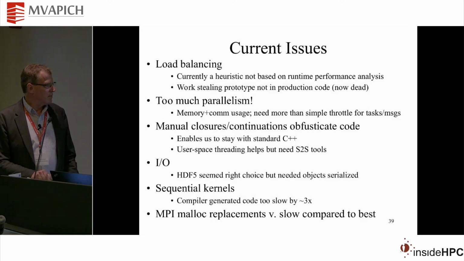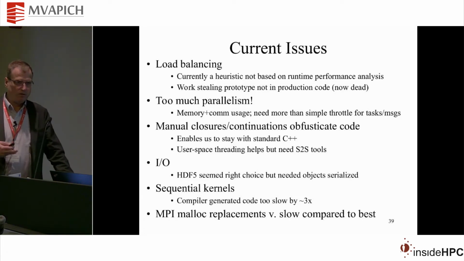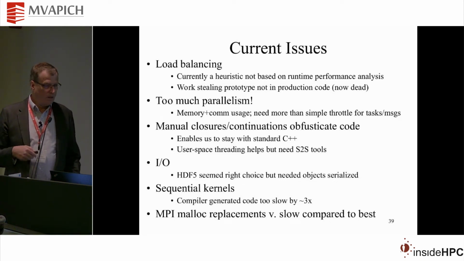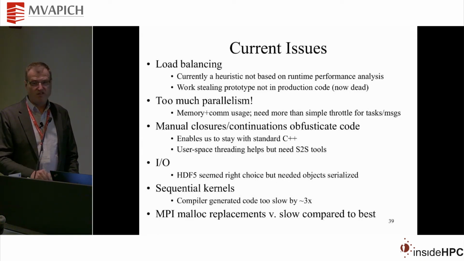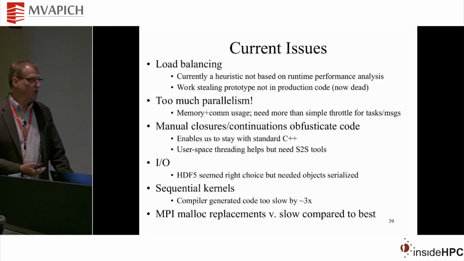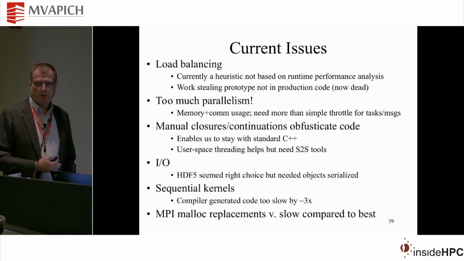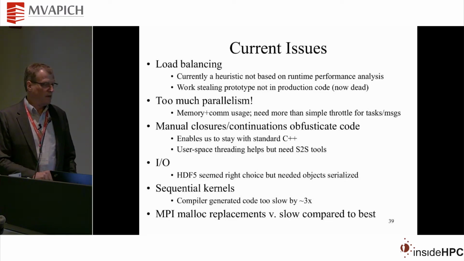In terms of performance, a key problem is when we're running on top of an InfiniBand system, MPI wants the memory to be pinned and replaces the malloc with its own, which is infuriating because the MPI malloc is typically slow. State-of-the-art mallocs like TCMalloc, jemalloc, or TBB malloc are typically 3 to 5 times faster than either the system or the MPI malloc, especially in a multi-threaded setting.